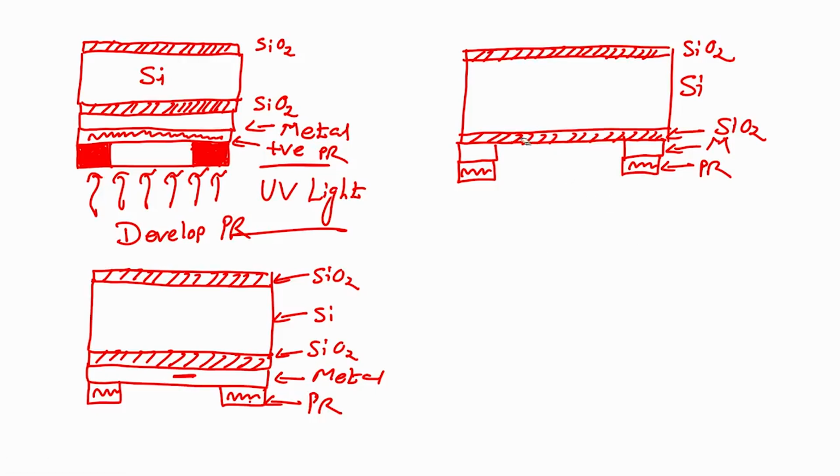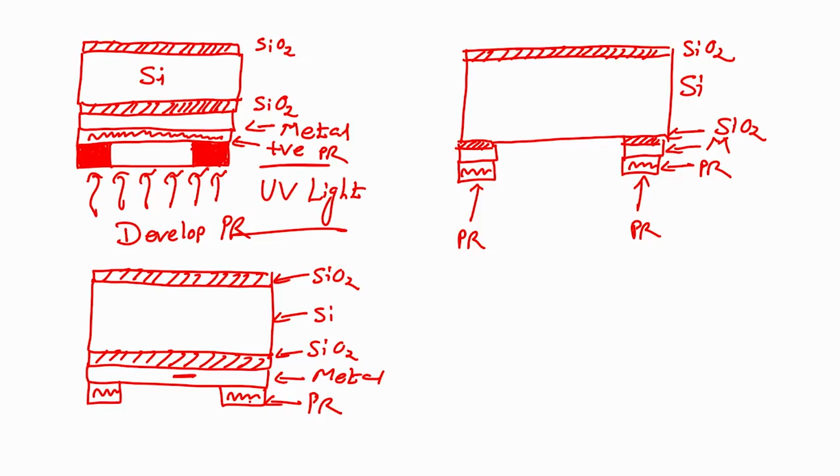I will have SiO2 only in this place, because this is protected by photoresist, then I have photoresist, metal and SiO2, very easy, right.